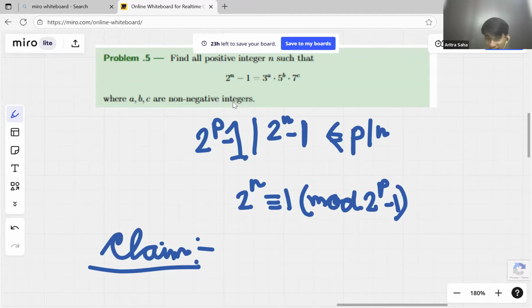Say the largest prime divisor of 2 to the power n minus 1 is some a, and the largest prime divisor of n is b. So you'll have a greater than b. Try to prove why this is true.